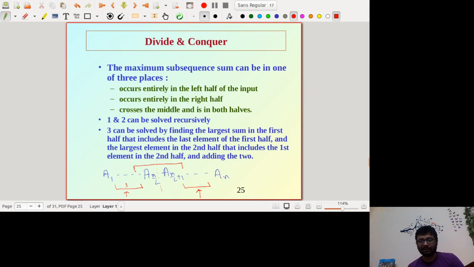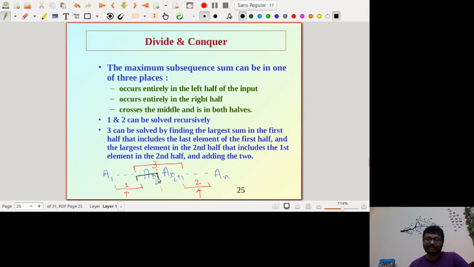3 can be solved by finding the largest sum in the first half that includes the last element of the first half, and the largest sum in the second half that includes the first element of the second half, and adding the two. So what is 3? You find the largest sum that starts in the middle and goes left.